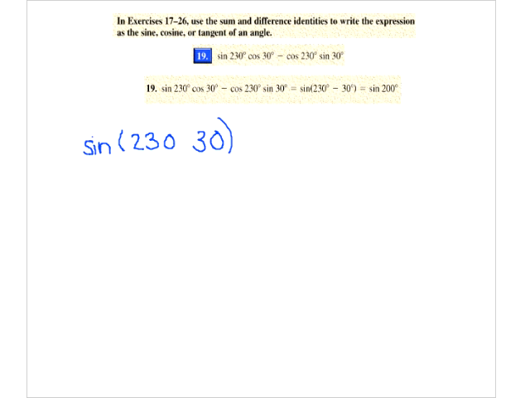Because we are subtracting here, and it is the sine formula, we need to subtract those degrees. So what are we talking about? We are talking about sine of 200 degrees. So we can work it backwards to see what degree we were actually looking for in the first place.